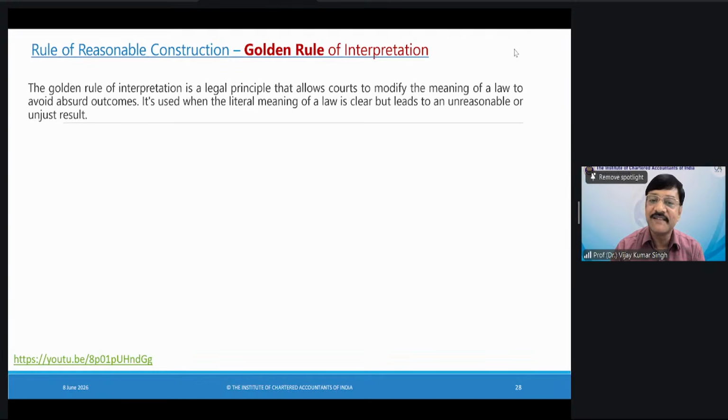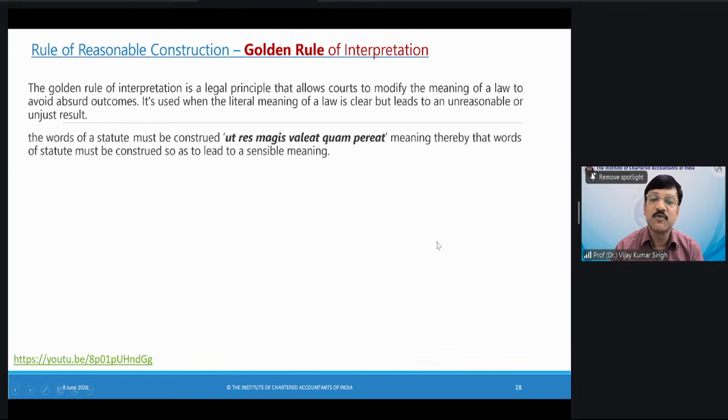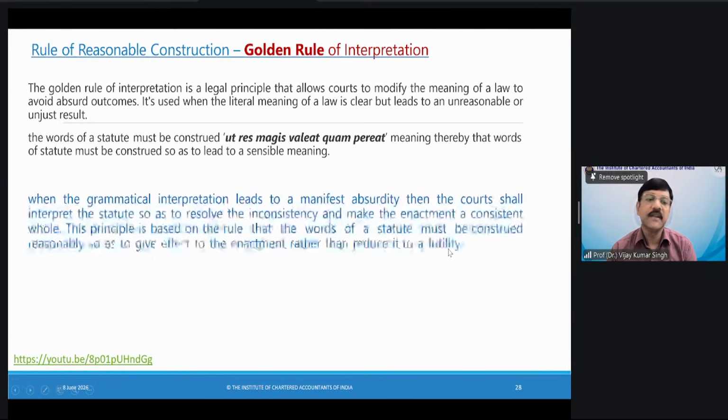It is used when the literal meaning of the law is clear but leads to an unreasonable or unjust result. The words of a statute must be construed ut res magis valeat quam pereat, meaning thereby that the words of a statute must be construed so as to lead to a sensible meaning. So when a grammatical interpretation leads to a manifest absurdity or illogical outcome, then courts shall interpret the statute so as to resolve that inconsistency and make the enactment a consistent whole.